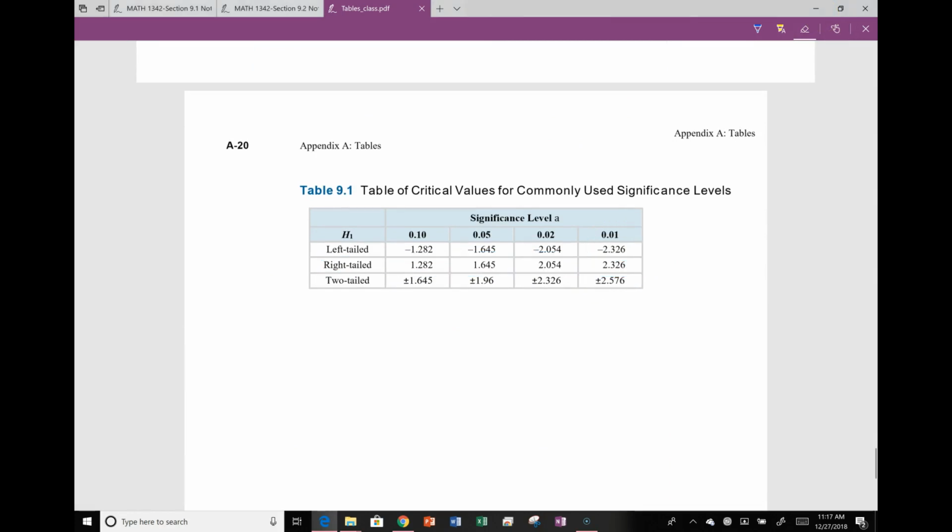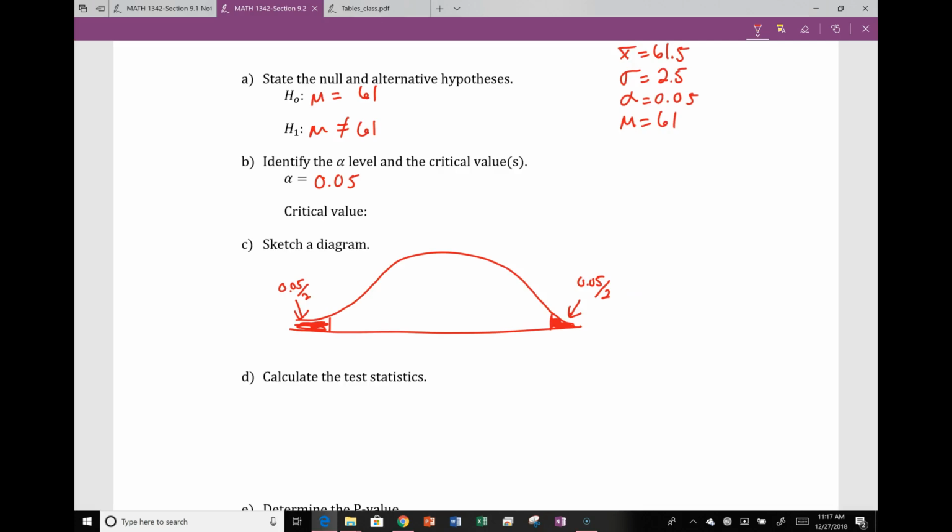So we're looking at a two-tailed test, and our alpha was 0.05. Now they have already taken into account the division of 2, so this is our critical value, positive and negative 1.96. So I'm going to put a negative 1.96 here and a positive 1.96 over here.